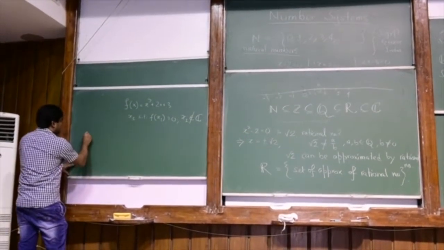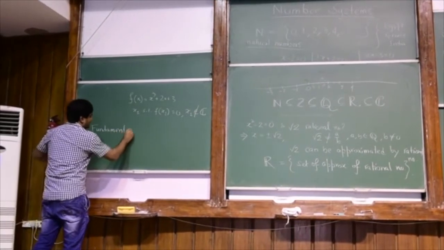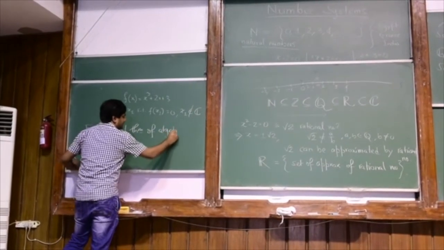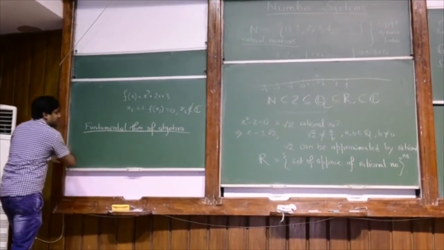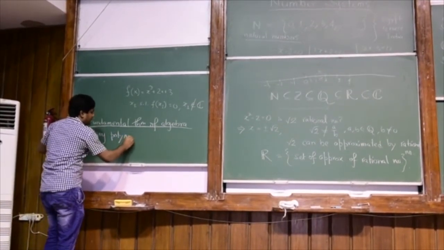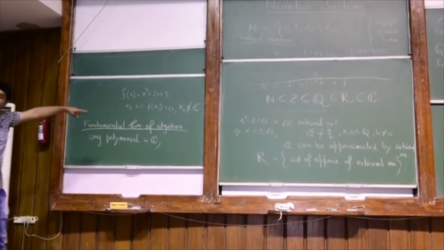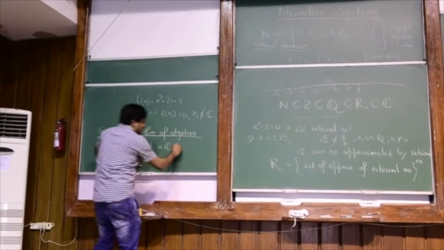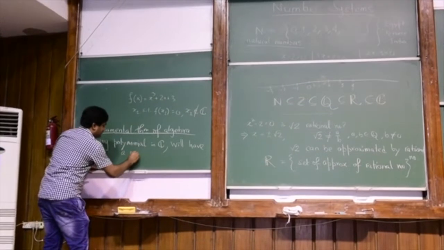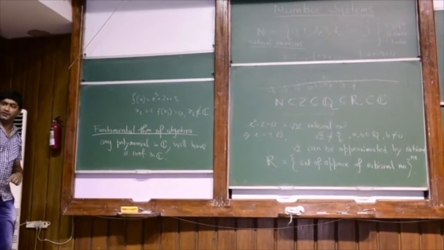Unfortunately, this will not work. There is a very important theorem called the fundamental theorem of algebra. This says that any polynomial in C, meaning the coefficients are in C, will have a root in the complex numbers.